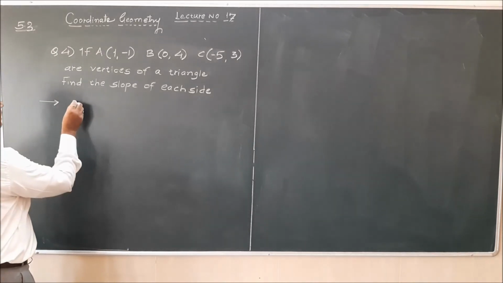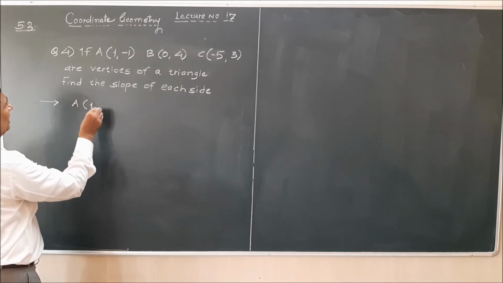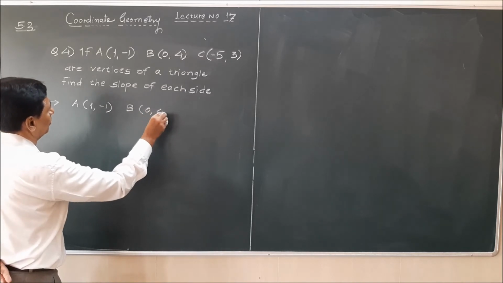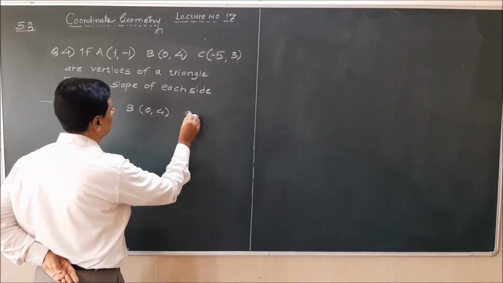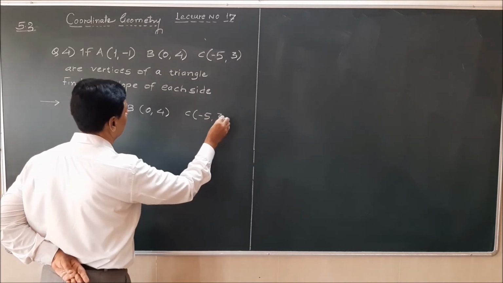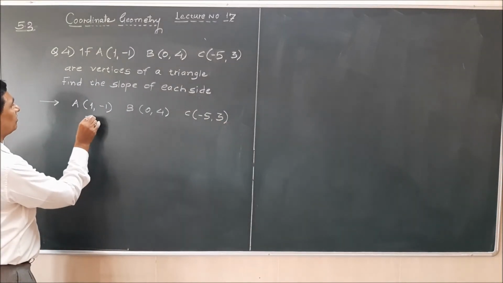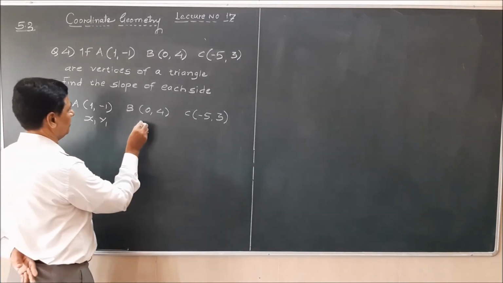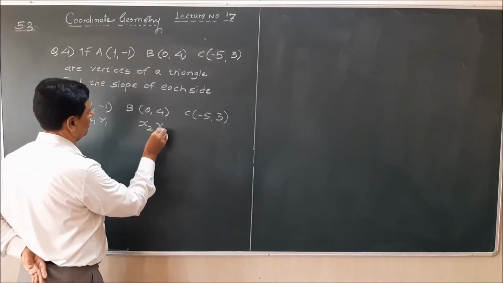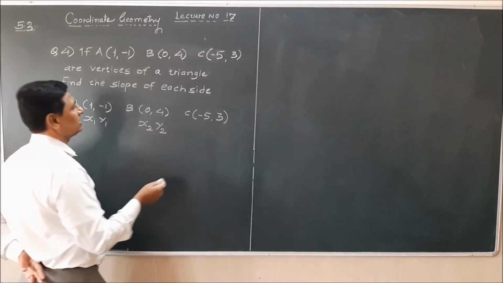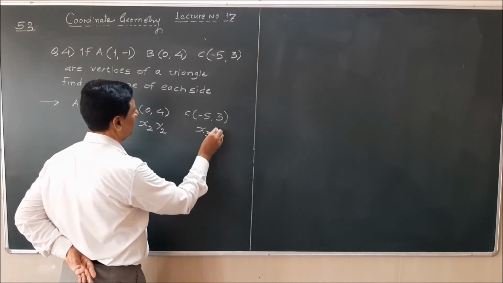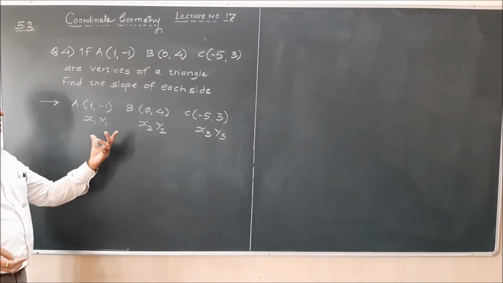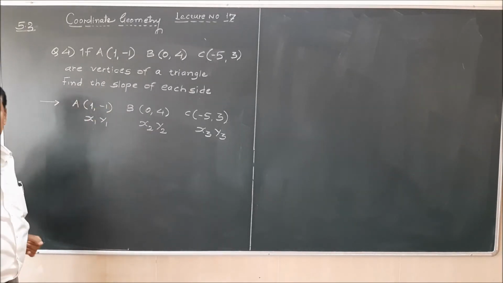So I'll label A as 1 comma minus 1, B as 0 comma 4, C as minus 5 comma 3, labeling A as x1 y1, labeling B as x2 y2, while labeling C as x3 y3. Now very simple, find out slope of AB, find out slope of BC, find out slope of AC.